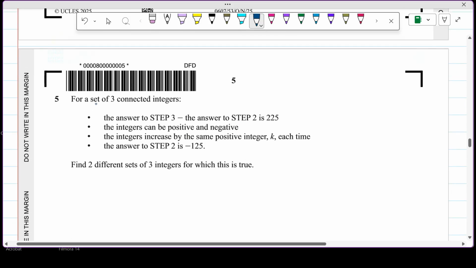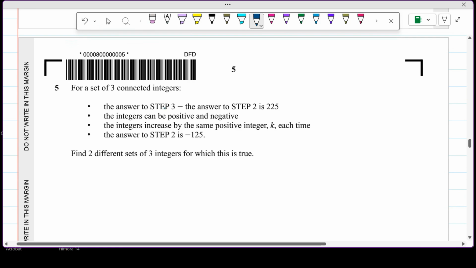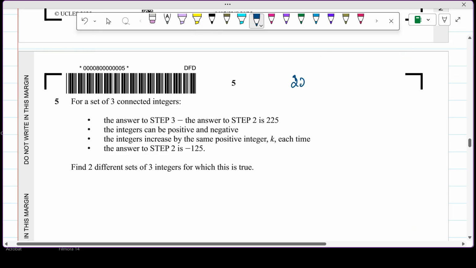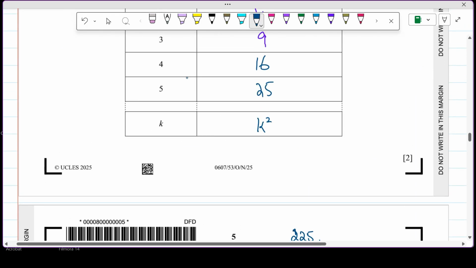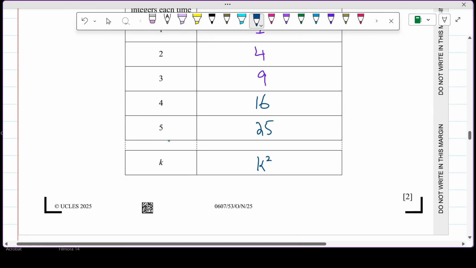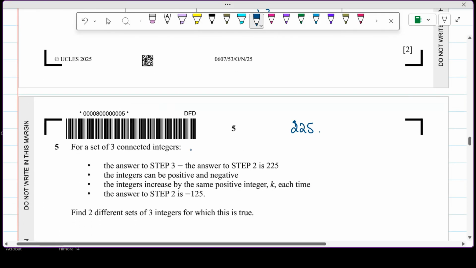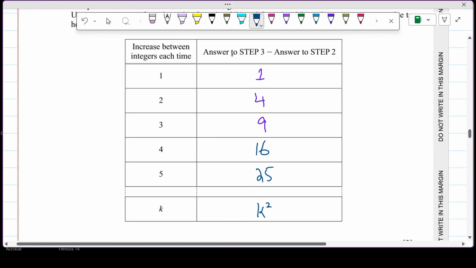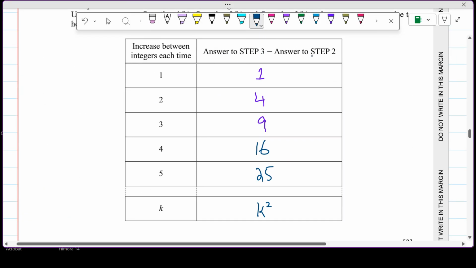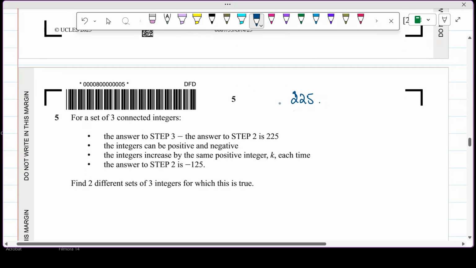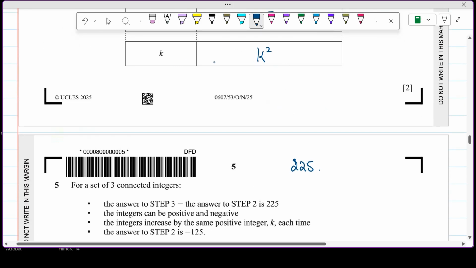Now question number 5. For a set of 3 connected integers, the answer to step 3 minus the answer to step 2 is 225. We just observed that when there is an increment of k, the difference between the answer to step 3 and the answer to step 2 is equal to k squared.